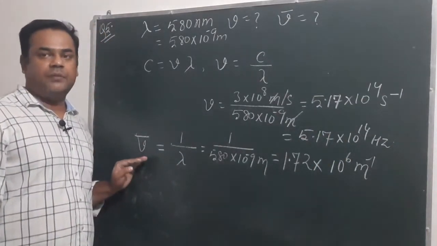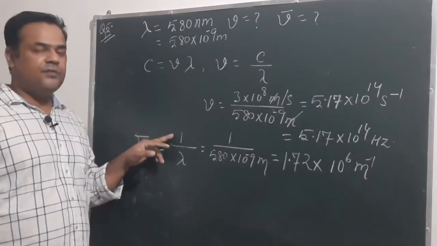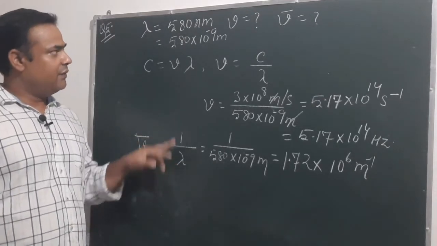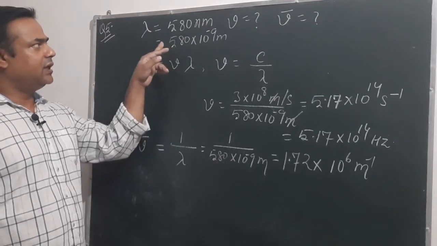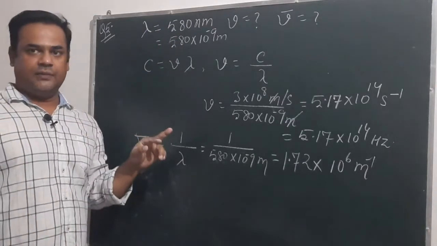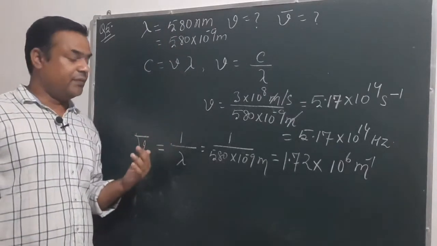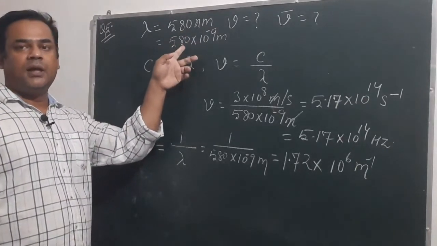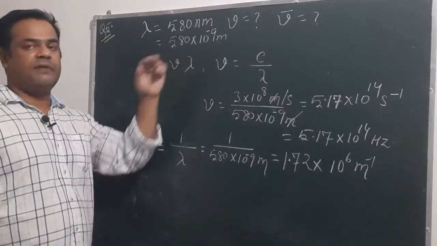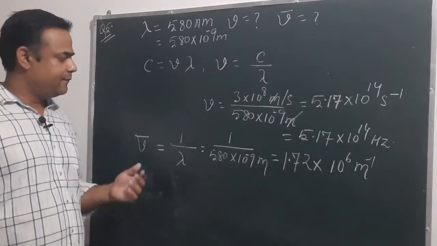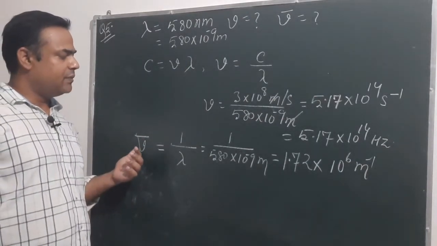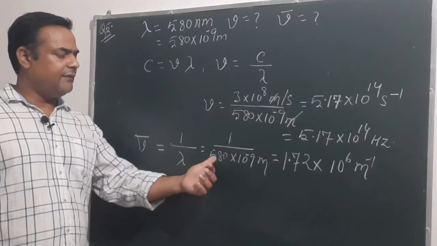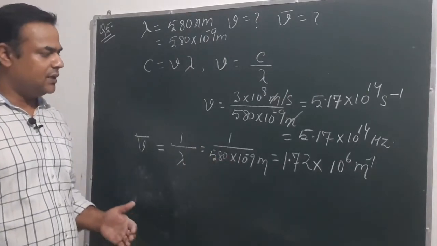Now next is wave number. Wave number is the inverse of wavelength. Wavelength we have already calculated here, 580 nanometer is given. To express this wave number in SI system, we have to convert nanometer into meter, and to convert that, the multiplication factor is 10 to the power minus 9. So here wave number will be equal to 1 by 580 into 10 to the power minus 9 meter.